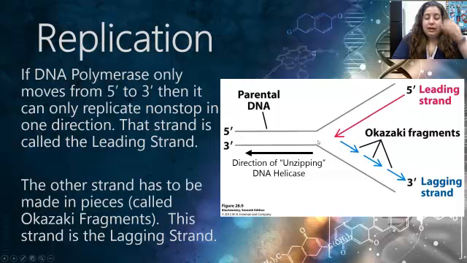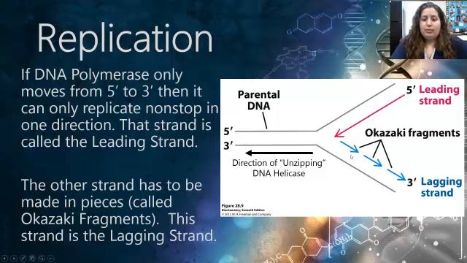DNA polymerase is going to want to move from 5' to 3' in the opposite direction, but it can't do that until more DNA is unzipped. So until DNA helicase opens up more of the DNA to copy, it's going to only be able to copy it in short little bursts. So we end up calling those Okazaki fragments after the man who discovered them.